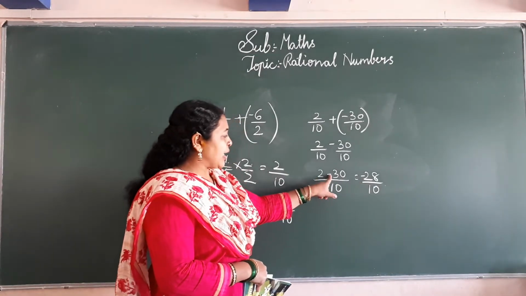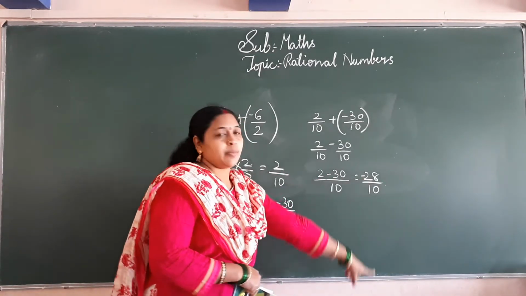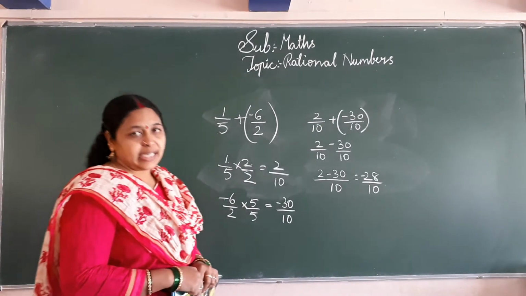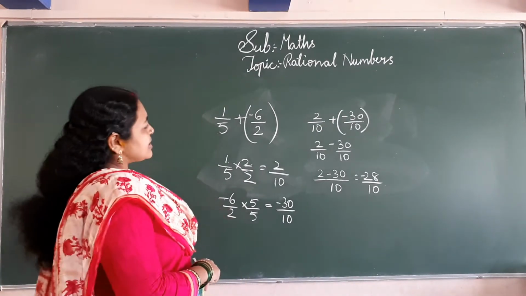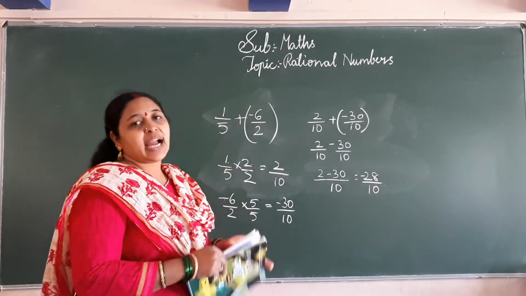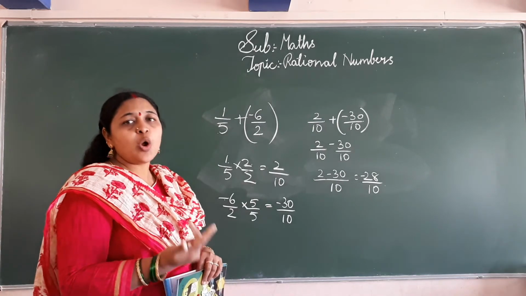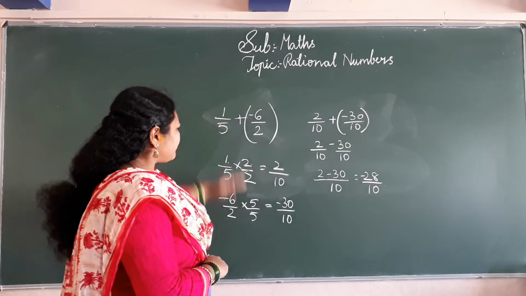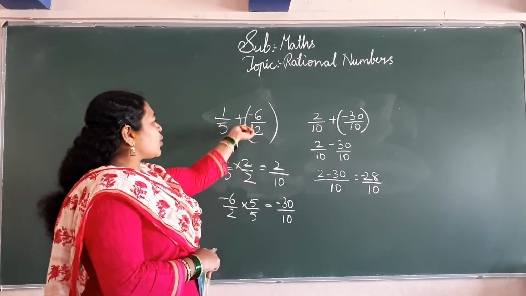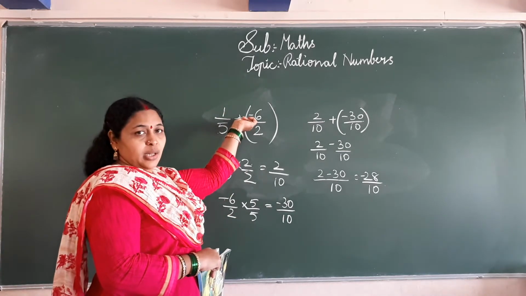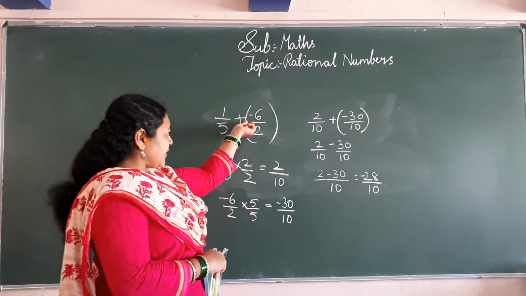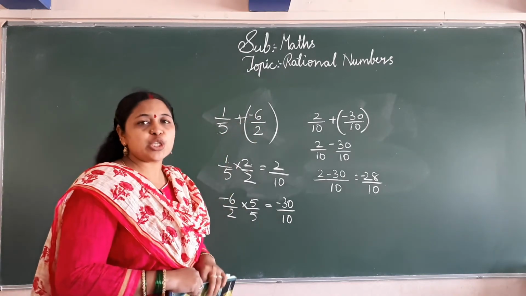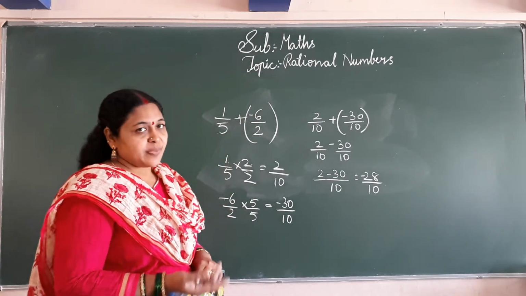The greater value has the symbol minus, so minus 28 by 10. Is it clear? This is just an example of addition, and I hope you know how to do addition of fractions. The same method we follow, but only when you get a negative symbol do we have to follow the rules of integers. Is that clear?